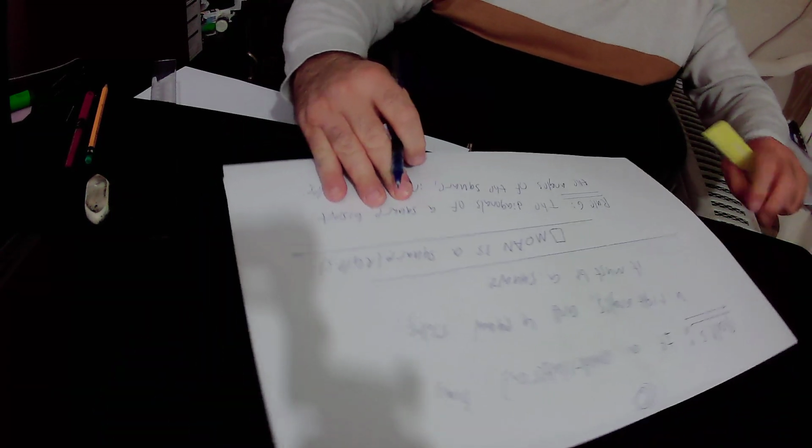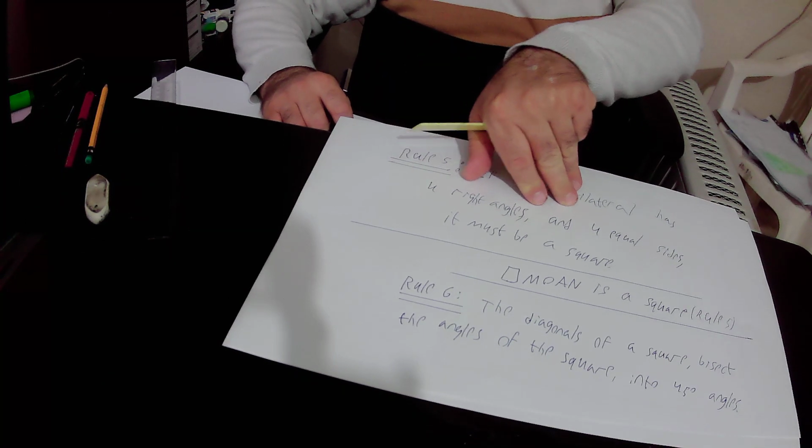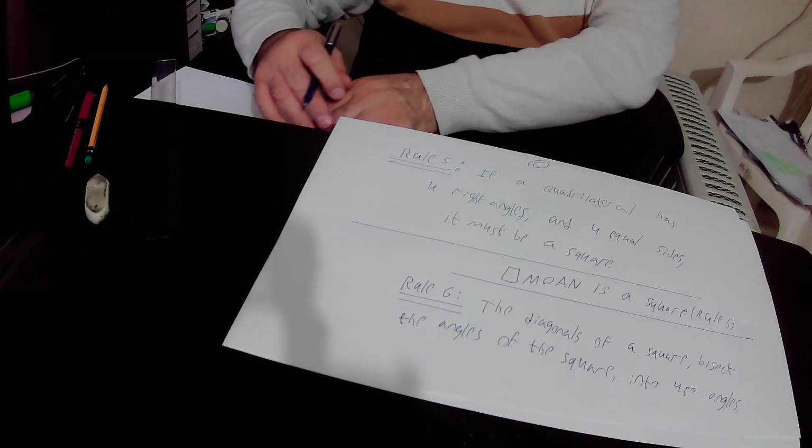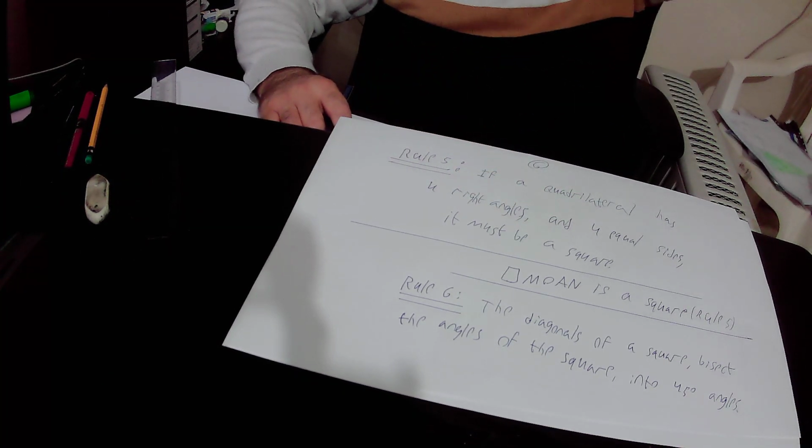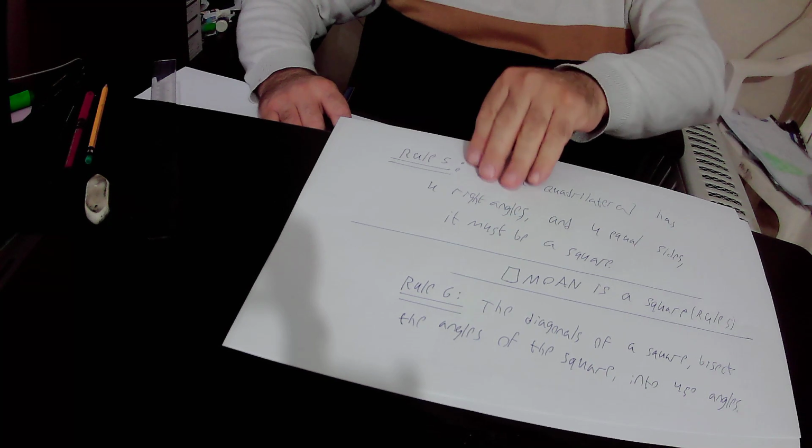I will read rule number 6 again. According to rule number 6, the diagonals of a square bisect the angles of the square into 45 degrees angles.